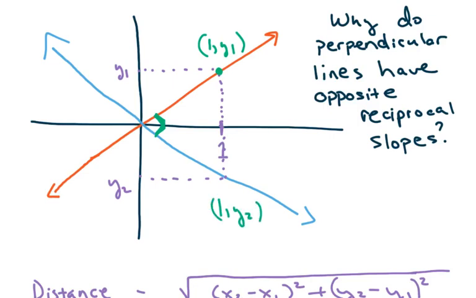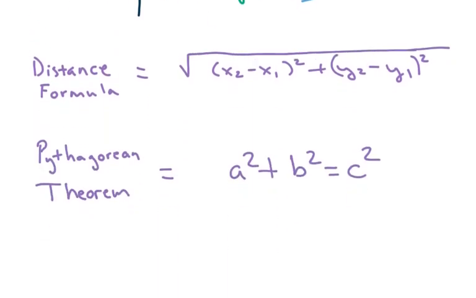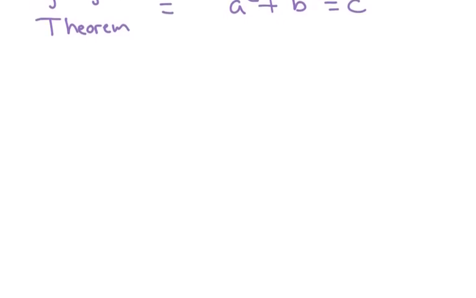So what I want to do now is figure out this distance right here. I'm going to use the distance formula. It is just the difference of y1 minus 0, squared, plus 1 minus 0, squared. And this will give me the distance of the first one.